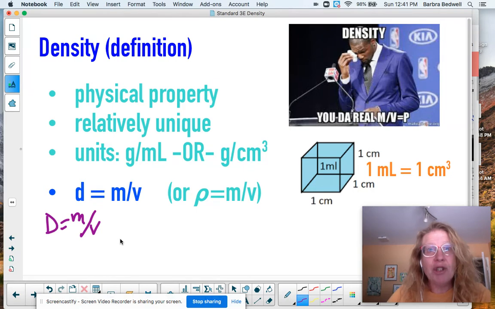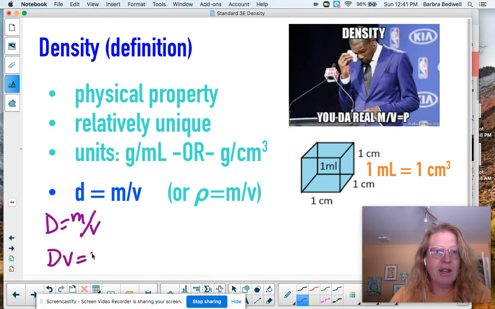And then there's the algebra part. Don't forget that you can plug in any two of the three and solve for the other one. So you can also get this equation. What I've done here is rearrange and put the volume over on this side. If I want to solve for mass, I could say density times volume equals mass. Or the last one I can do, if I want volume by itself, is volume equals mass divided by density.